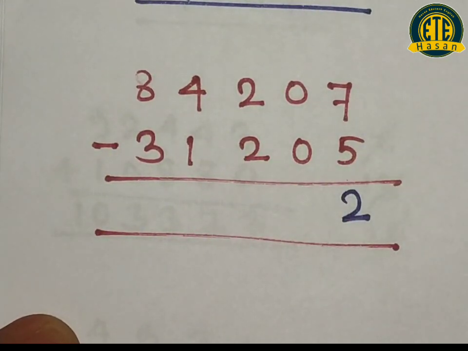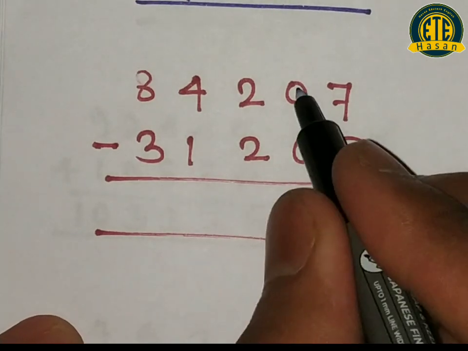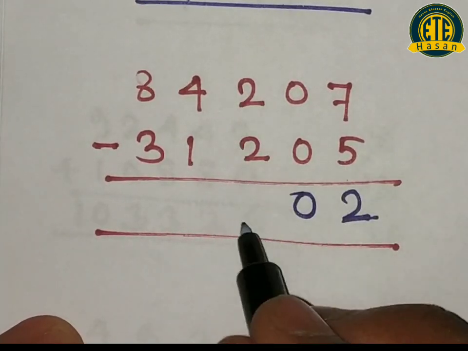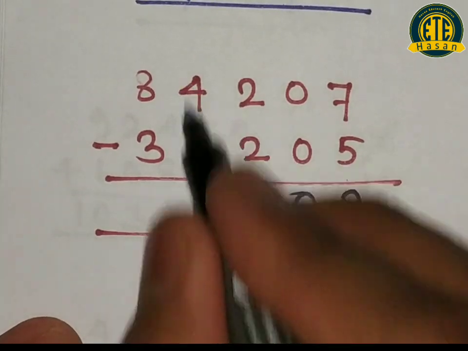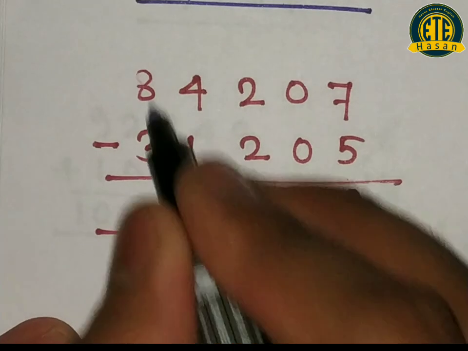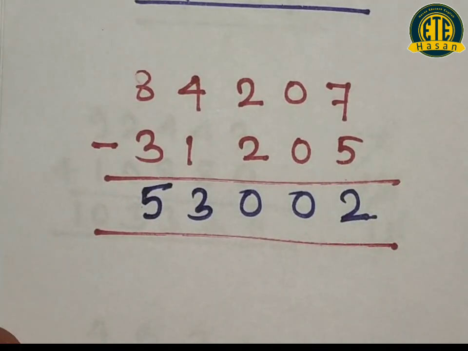Counting on two fingers, two joins from 5 to 7. So write down 2. Here 0 minus 0 is 0. 2 minus 2 is also 0. 4 minus 1 will be 3. 8 minus 3 will be 5. So this is an easy question.